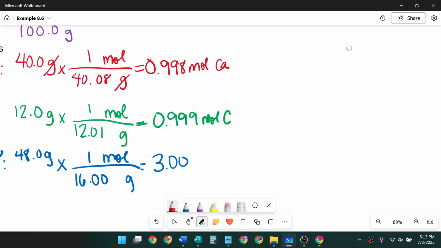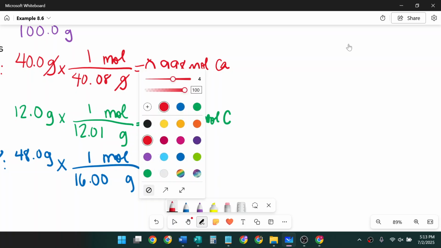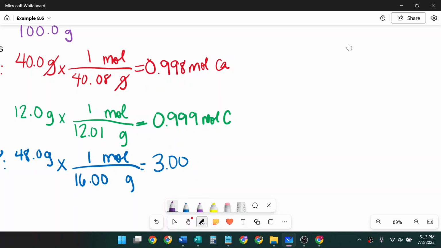And what we're going to try to figure out is the ratio of carbon to calcium, and then the ratio of oxygen to calcium.